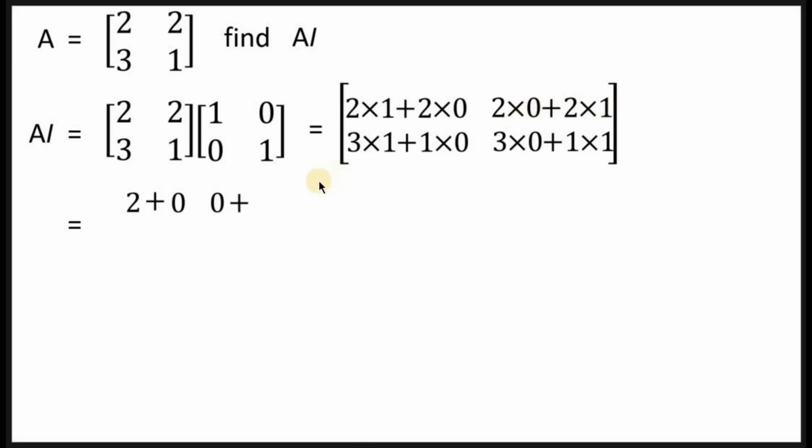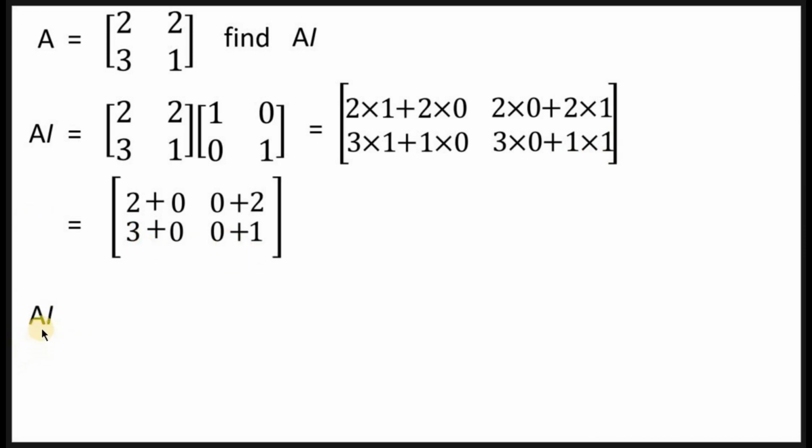Then 2 times 1, 2. Then you come here. 3 times 1, 3. Then plus here. Then 1 times 0, 0. Then you come here. 3 times 0, 0. Then you put plus here. Then 1 times 1, 1. You see? Then after that, you complete now here.